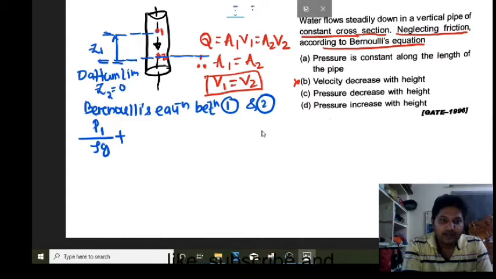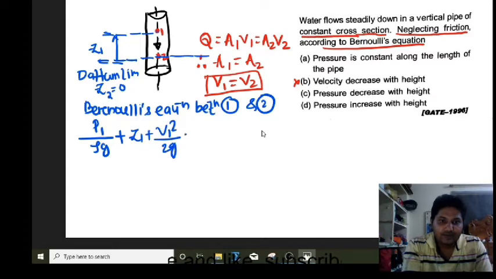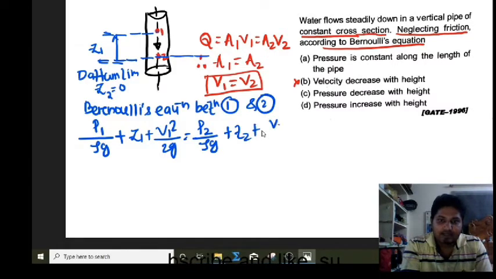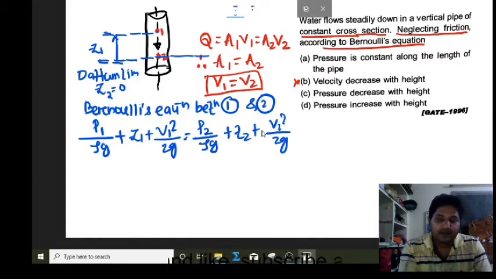So I can write the Bernoulli equation between point 1 and 2: P1 by rho g plus Z1 plus V1 square by 2g will be equal to P2 by rho g plus Z2 plus V2 square by 2g. Whenever you are solving any problem related to the Bernoulli equation, write down the full equation, then see each term.